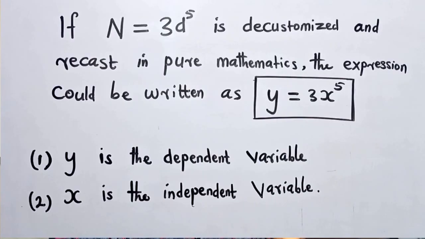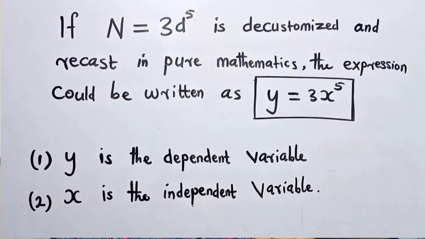The implication, therefore, is that if this equation N is equal to 3D raised to the power 5, which is customized to medicine or to fit into medicine, were to be recast in pure mathematics as if somebody does not know why it is being solved, that N will be replaced with Y, while that D will be replaced with X, so that in the end, Y is equal to 3X raised to the power 5.